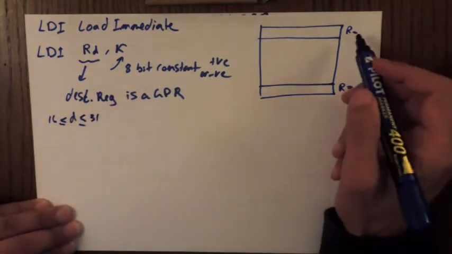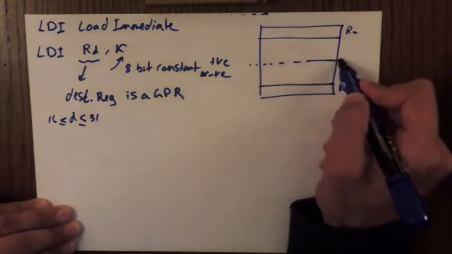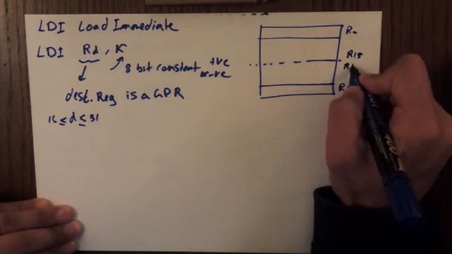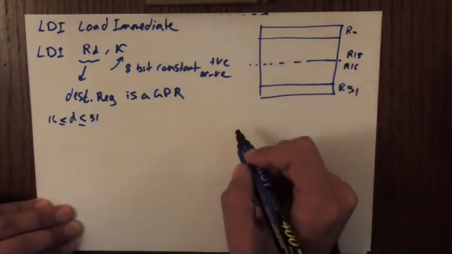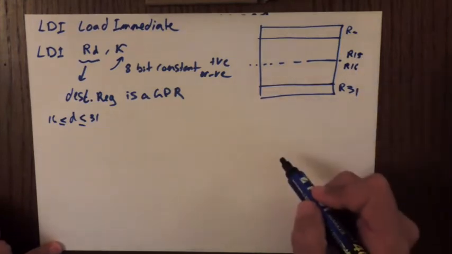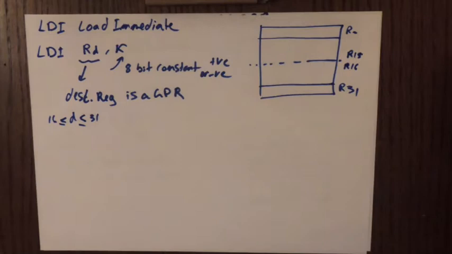We are not allowed to place in the first 16 registers. So this is R15 and this is R16. And this is primarily because of a limitation in the instruction set.